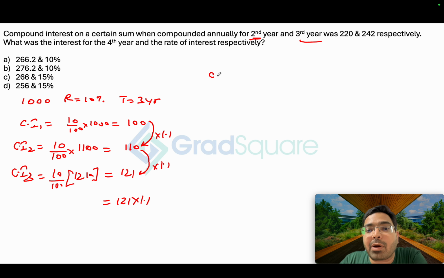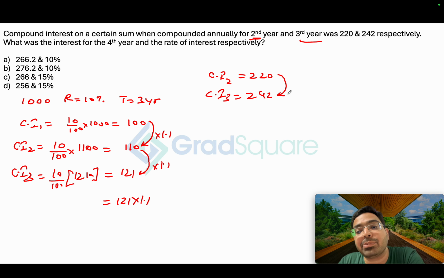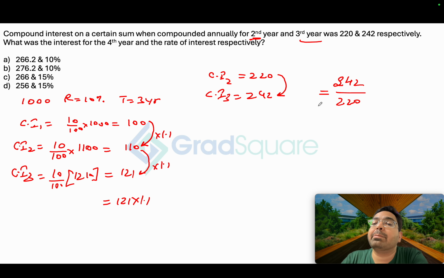It says that the compound interest for the second year alone is turning out to be what? 220. Compound interest for the third year alone is turning out to be what? 242. So of course this should grow at a rate of 10%, right? Or 10% or 20%, whatever that may be, right? So if I take this 242 and divide it by 220, this should give me the multiplication factor that I'm looking for, correct?